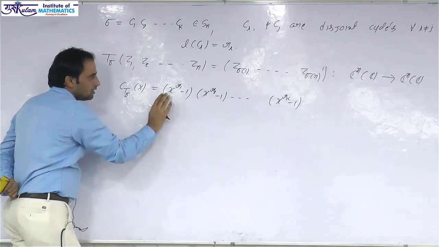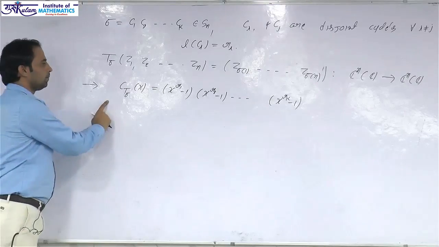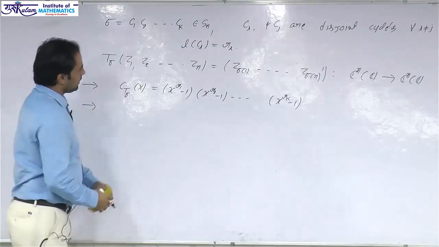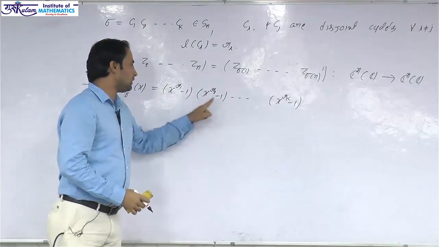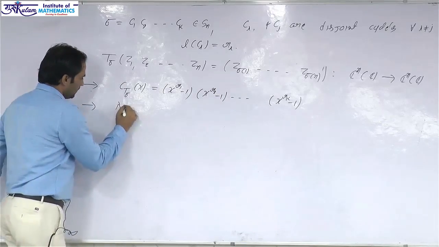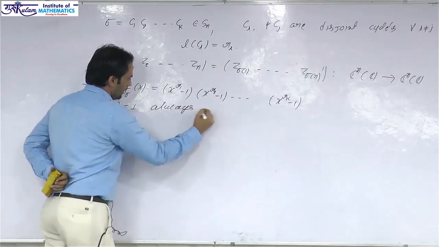So this is the characteristic polynomial of this permutation operator, and you can easily check lambda equal to 1 is always a root of the characteristic polynomial. So lambda equal to 1 is always an eigenvalue.